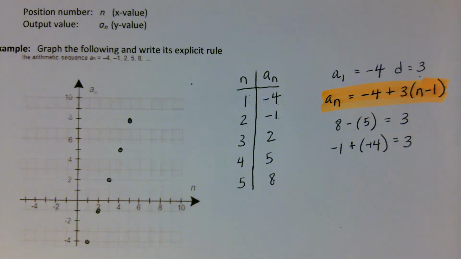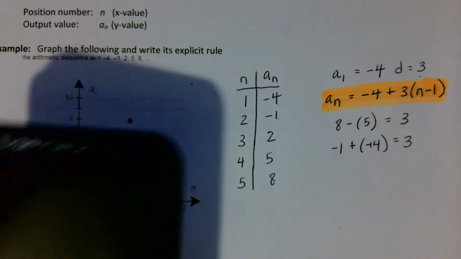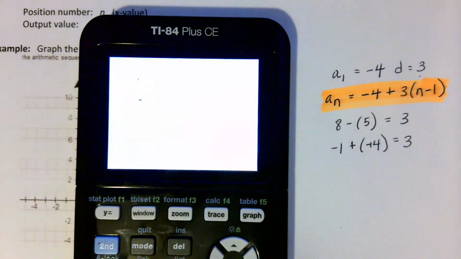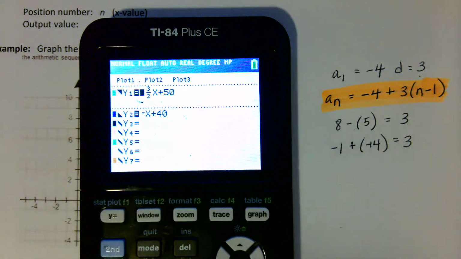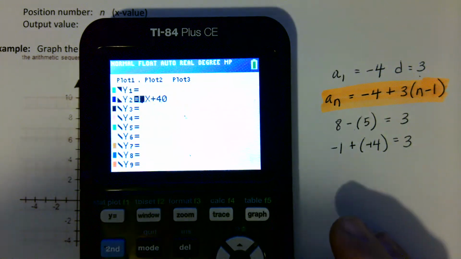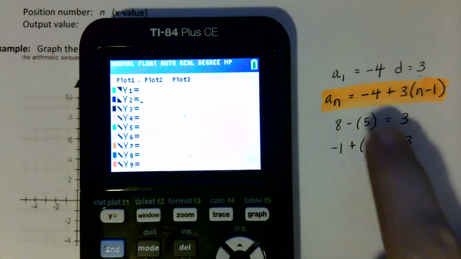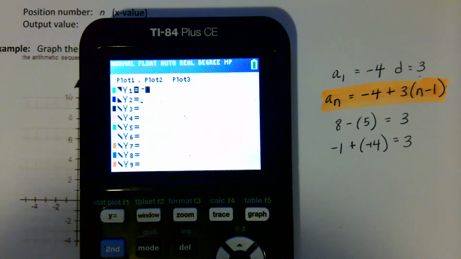With your calculator, instead of n, we're going to put x. Let's turn this on. I go to y equals, get rid of what's there, and type in -4 plus 3 times parentheses x minus 1.